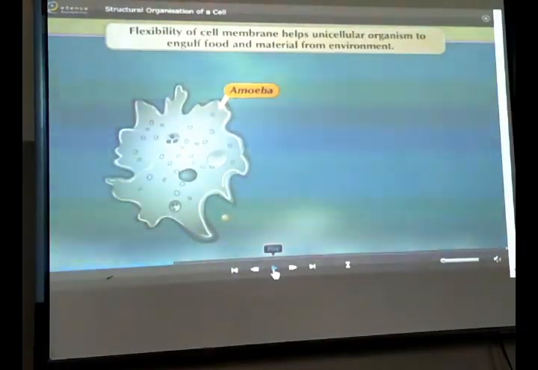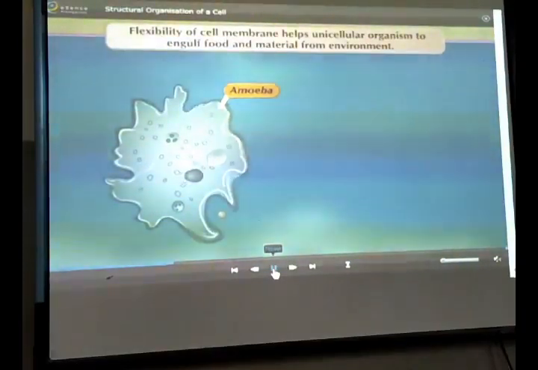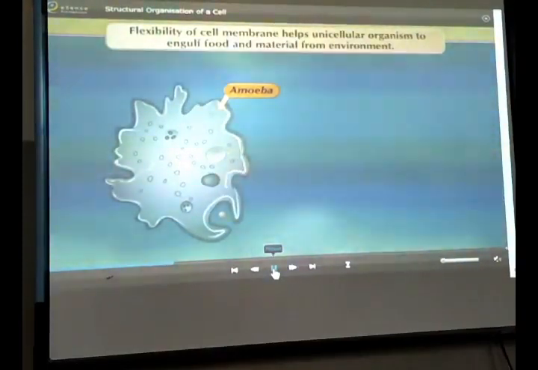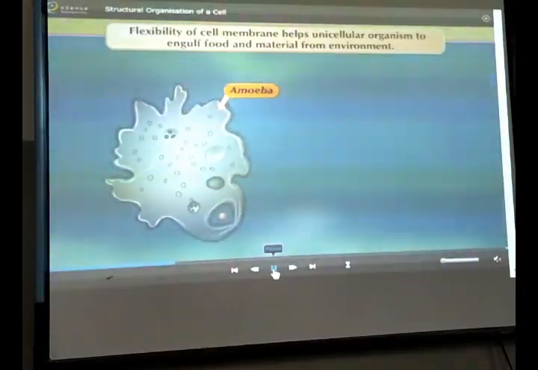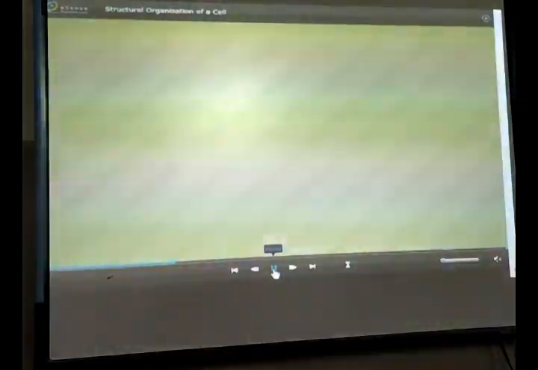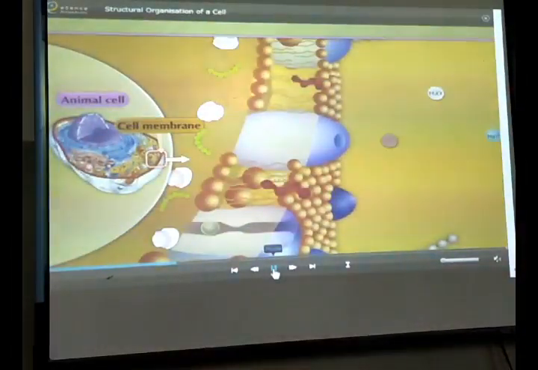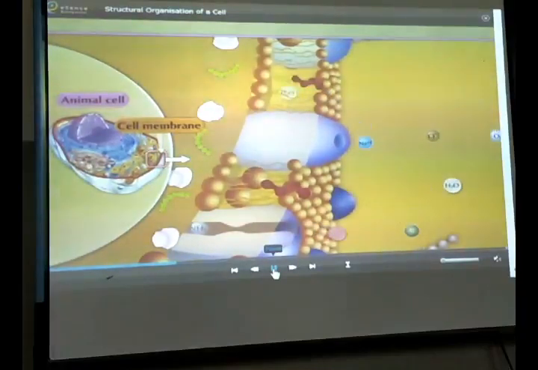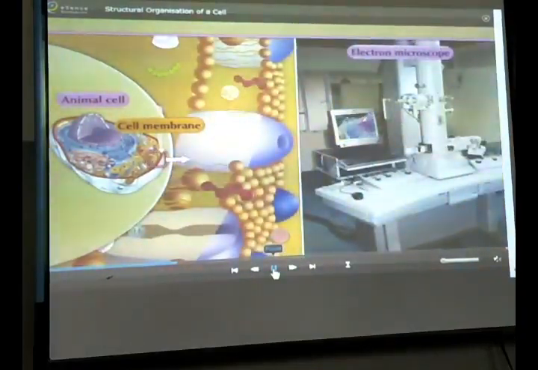So the flexibility of this cell membrane is very helpful for this type of unicellular organism. And how do they engulf these particles in the form of food, and then digest them inside the body.